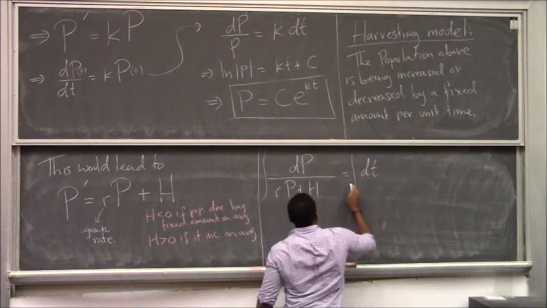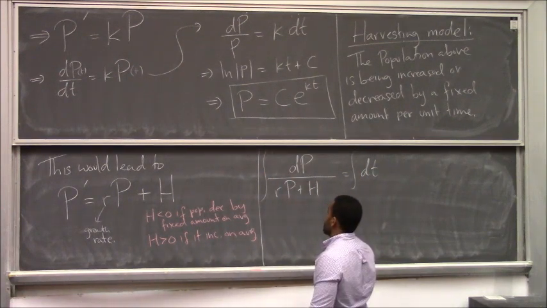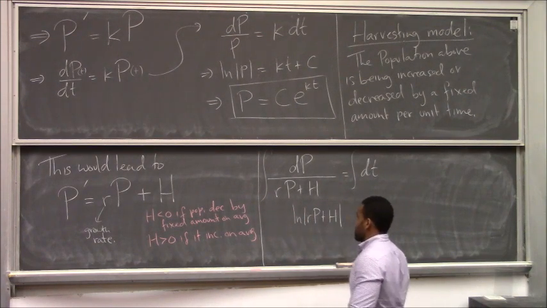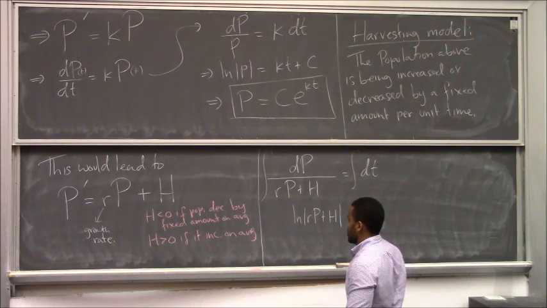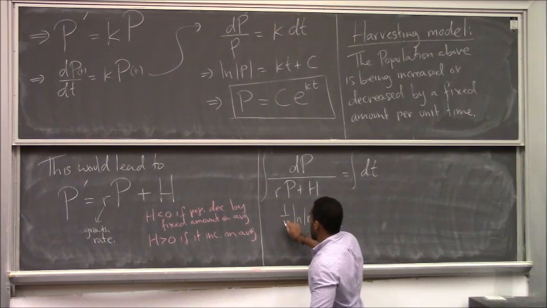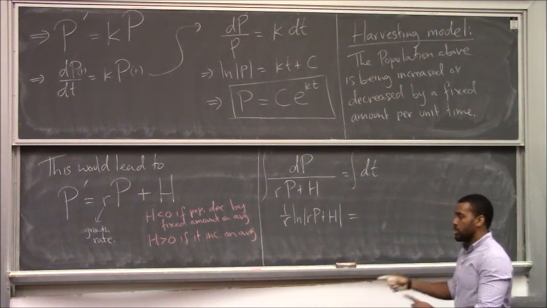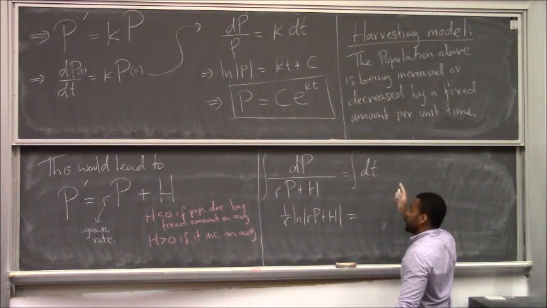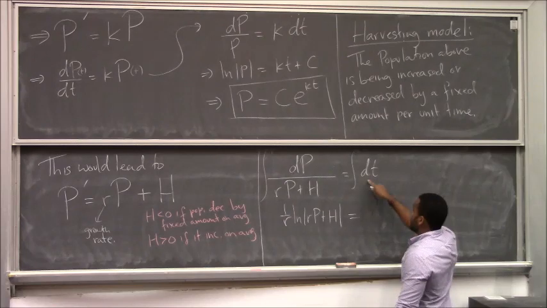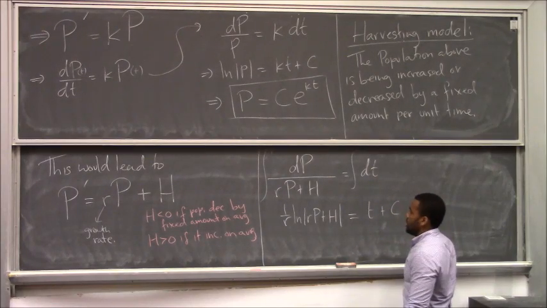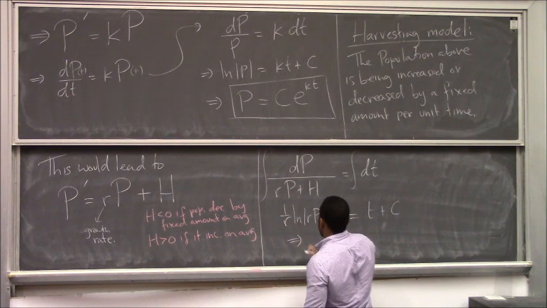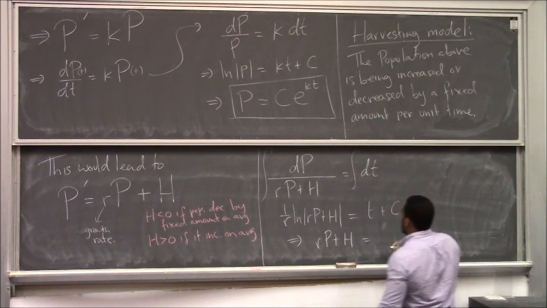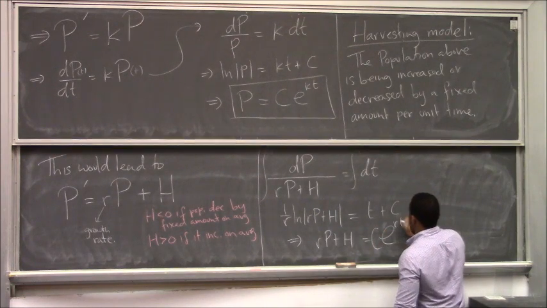You integrate both. What's the integral of this? ln of rP plus h. And then the other side is... No, you're not done. 1 over r. Substitution, u equals rP plus h, du equals r dP, you end up divided by the r. This one would be t plus c, and so what we end up with is pretty much rP plus h would be equal to c times e to the rt.